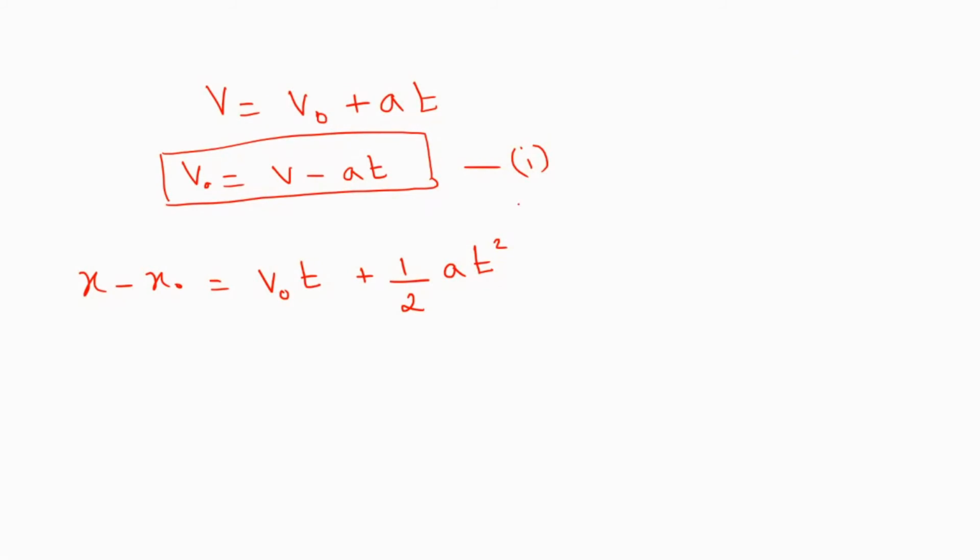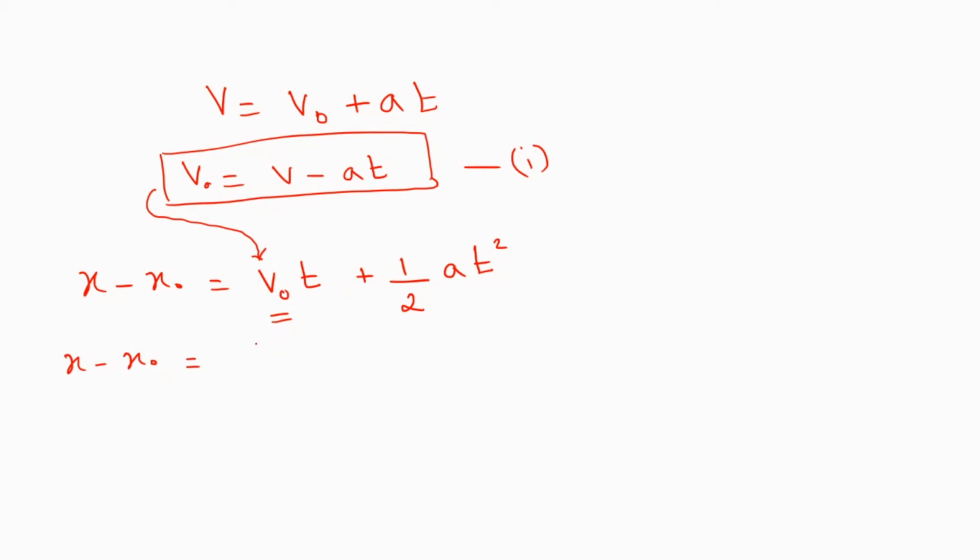Now I'm going to take the first equation, then I'm going to substitute the first equation here. That means in place of initial velocity, I'm going to substitute this one here. If you substitute, what will happen? This equation becomes x minus x naught, which is our displacement, equal to, in place of initial velocity, I am going to substitute v minus at.